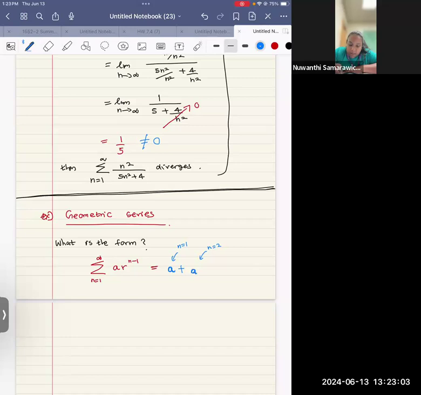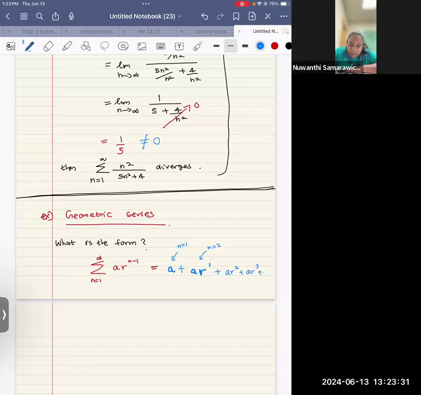It doesn't change. Only the R term changes. Then what is the third term? Can you tell me? A R squared. Like that, the next term is A R cubed.